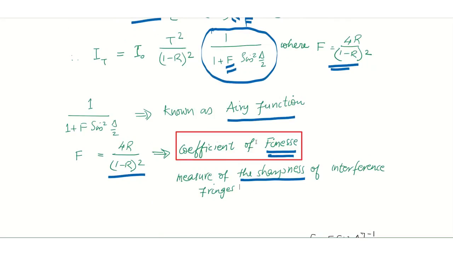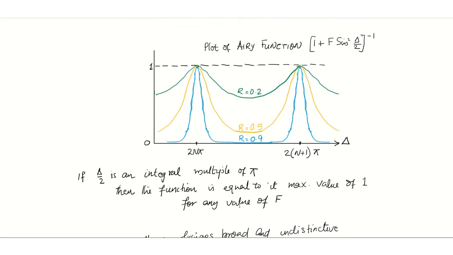Now, if you plot this Airy function as a function of delta, the total phase difference, this is what you get. For 2n pi you have a maximum, and for 2(n plus 1) pi you have a maximum, and the difference between them is 2 pi.